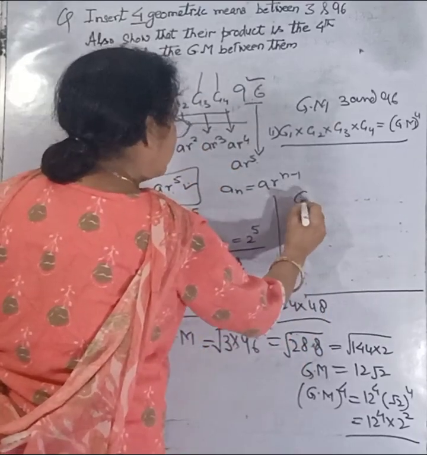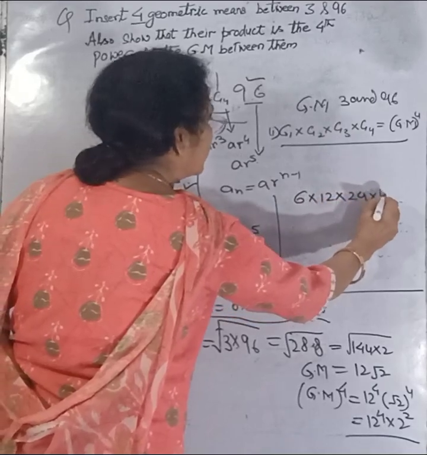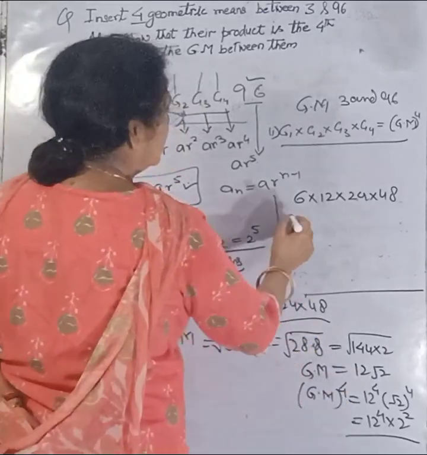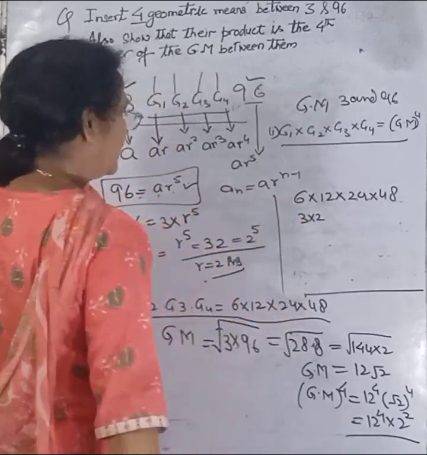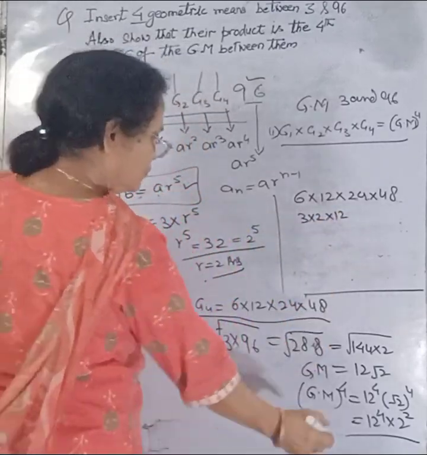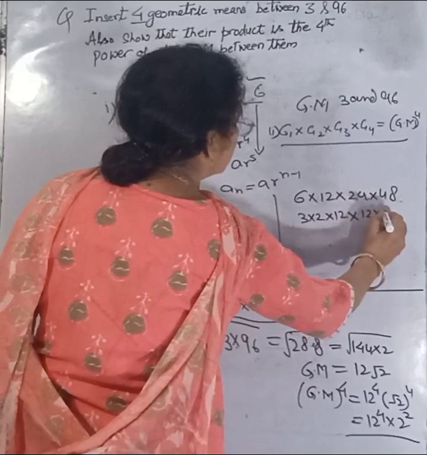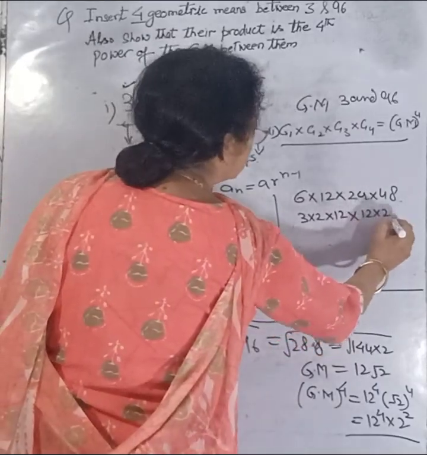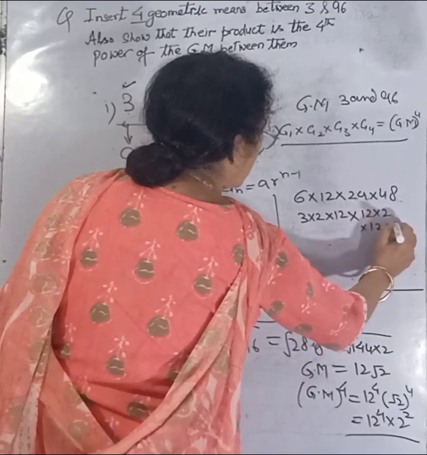Our product is 6 into 12 into 24 into 48. 12 to the power 4 is to be obtained and to the power 2. 6 can be written as 3 into 2. 12 will remain same, no change at all because 12 is required. 24 can be written as 12 into 2. 48 can be written as 12 into 4.